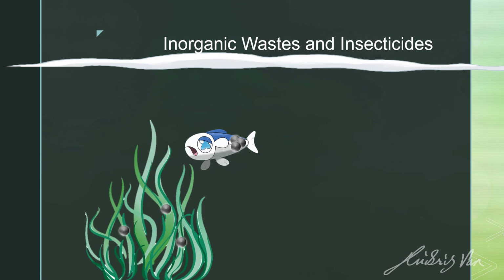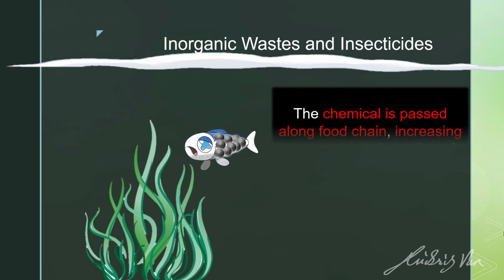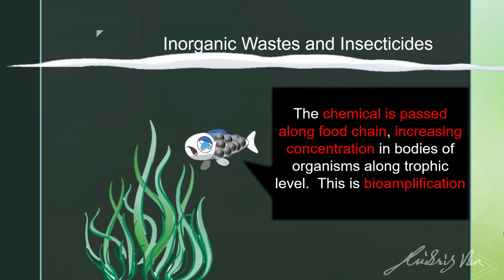They will eat many of the plants that contain the chemical. And as a result, the chemical builds up in their body. The chemical is passed along the food chain, increasing in concentration in the bodies of organisms along the trophic levels. And this is known as bioamplification.